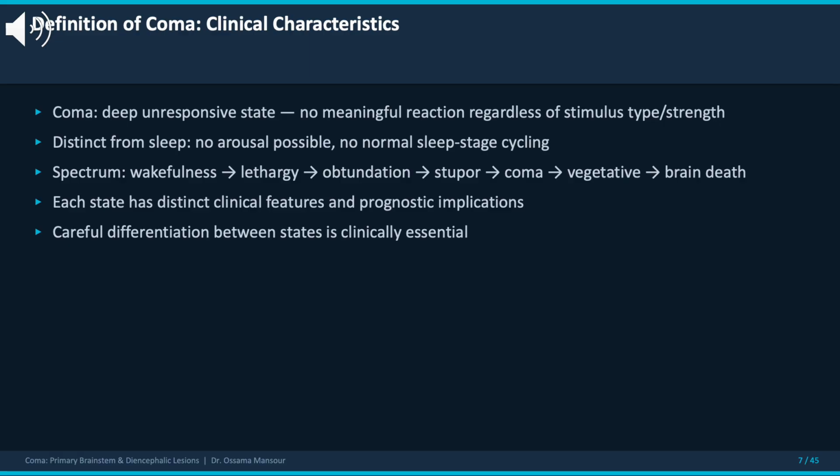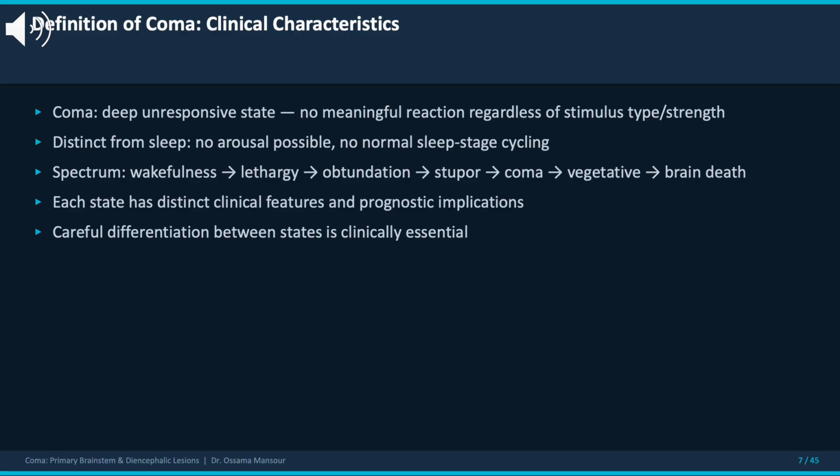To truly understand coma and to communicate clearly with colleagues and families, careful differentiation between the various states of altered arousal is absolutely warranted. Each state along this spectrum, from normal wakefulness through lethargy, obtundation, stupor, coma, vegetative state, minimally conscious state, and ultimately brain death, has distinct clinical features and different implications for prognosis and management.